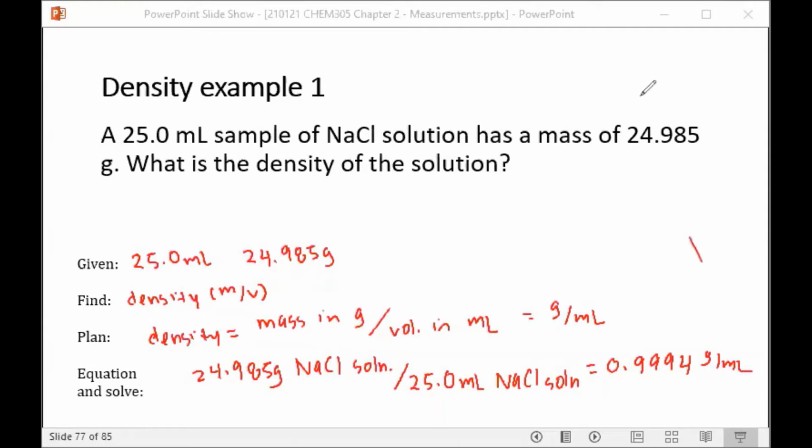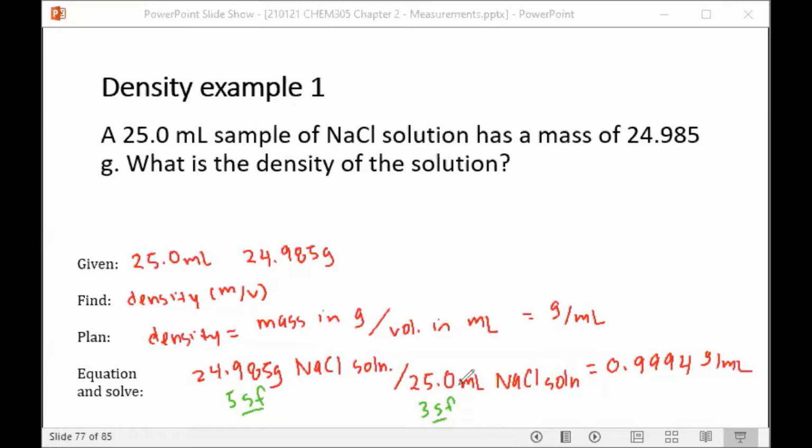And just like with any other dimensional analysis problem, we have to go back and check our sig figs. In 24.985 grams, we have 5 sig figs. And in 25.0, we have 3 sig figs.